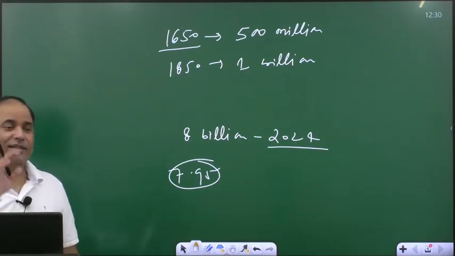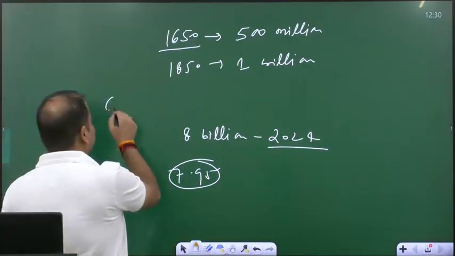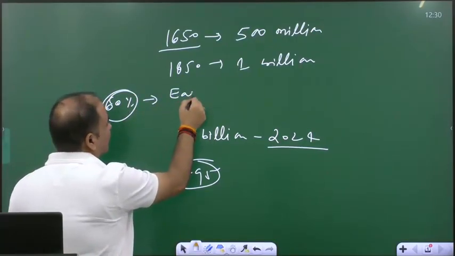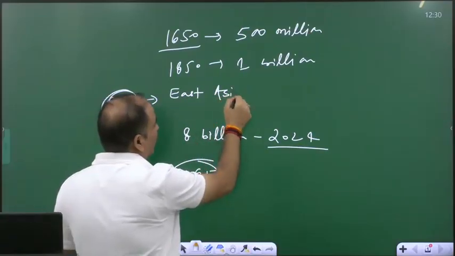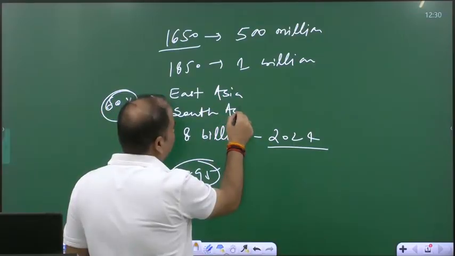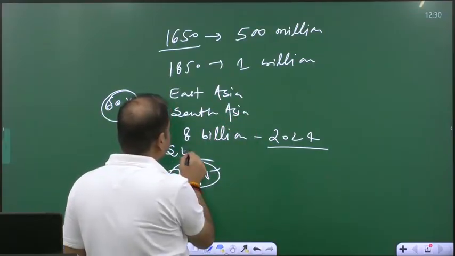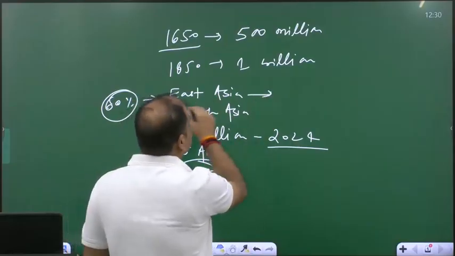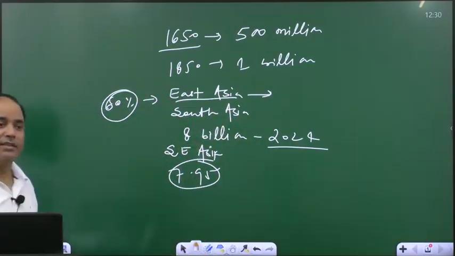Almost 60% of the population you will find is concentrated in very few areas. So we have East Asia, South Asia, and Southeast Asia. Here in East Asia the main country is China.